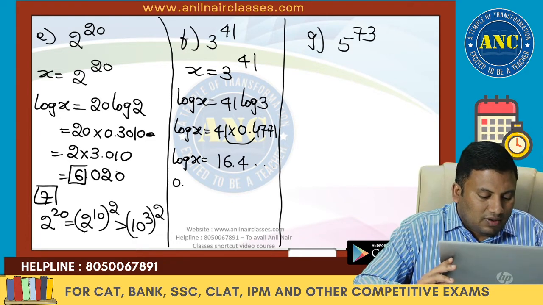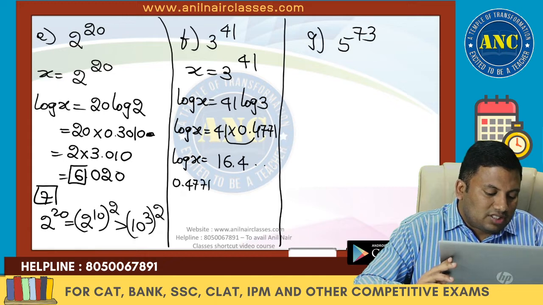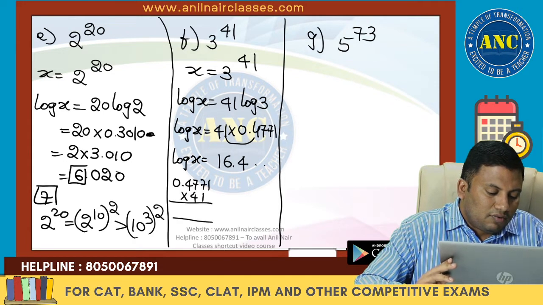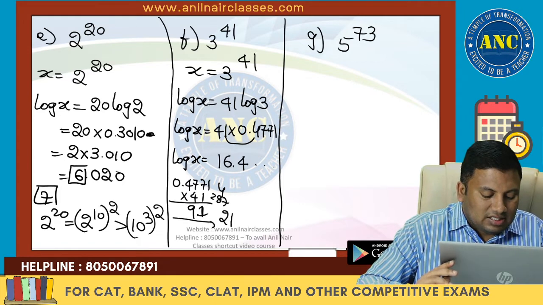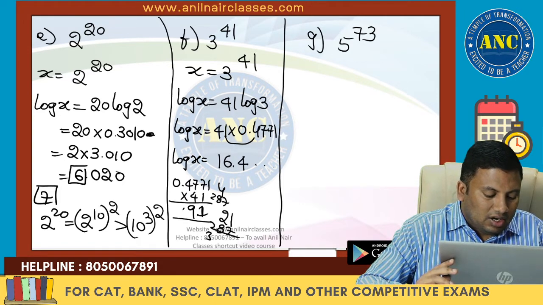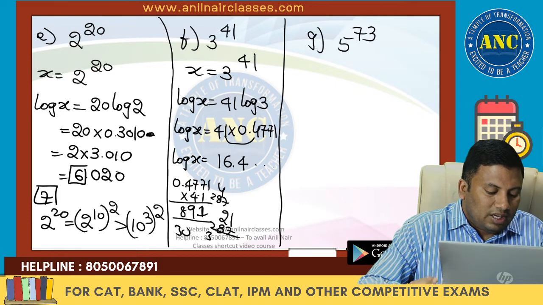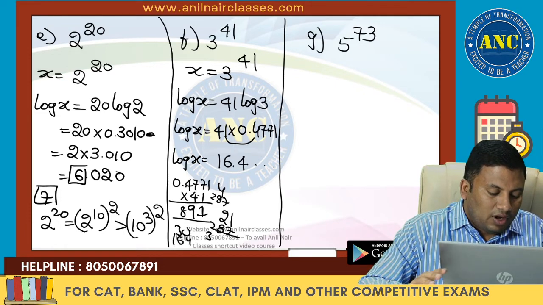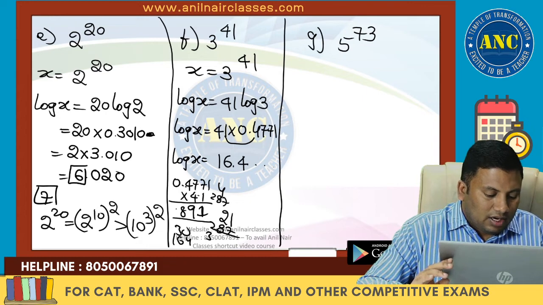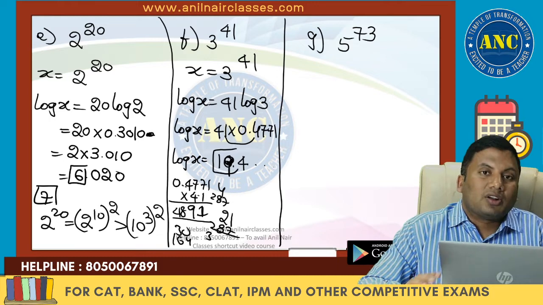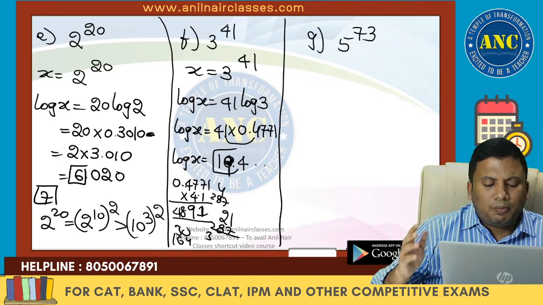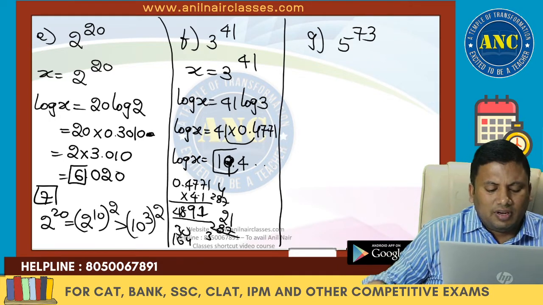Otherwise you multiply it: 4771 into 41. 41 ones are 41, 41 sevens are 287, plus 4 is 291, 41 sevens are 287, plus 29 is 308, 41 fours are 164, plus 30 is 194. Here it is 19.4. These were calculations a little. 0.1 into 0.5 will become 205.